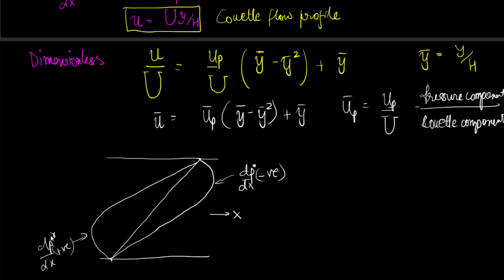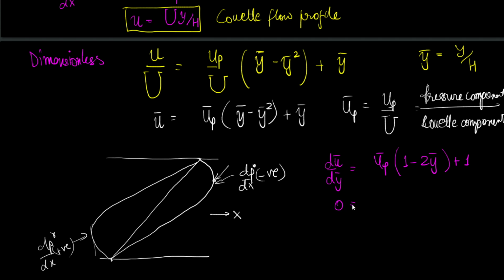So in the case of combined flow, there is obviously a point in the flow where a maximum velocity occurs, or there can be a minimum velocity occurring. Let us find that value. du bar dy bar is equal to up bar times (1 minus 2y bar) plus 1. When is this 0?